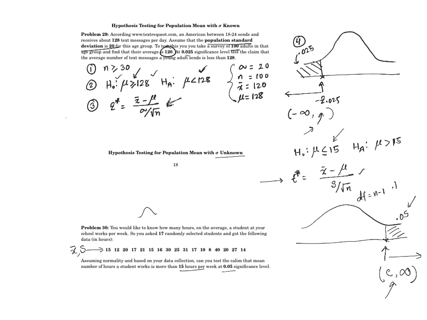Your chances of being wrong is 5%, your chances of being right is 95%. That's the layman's way of thinking about it without getting too technical about it.